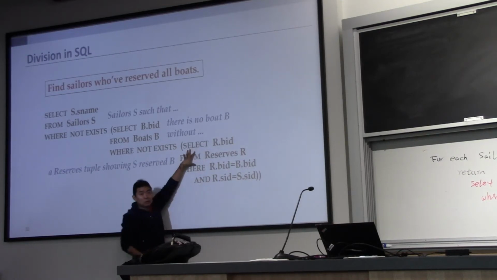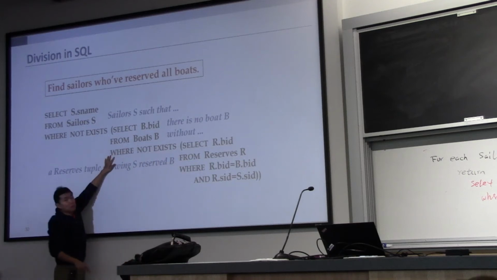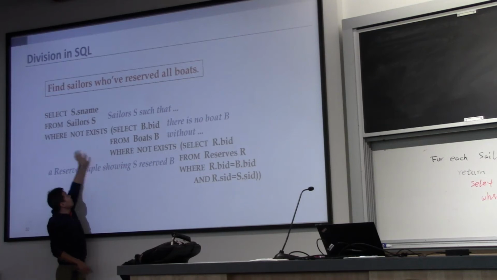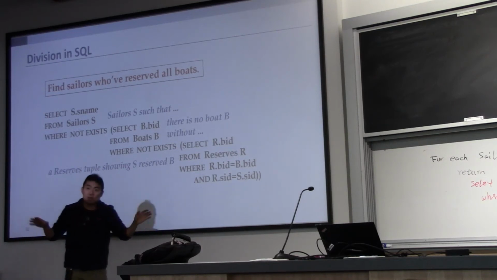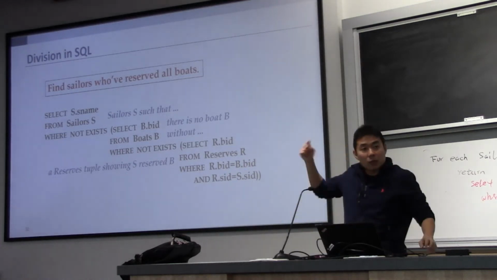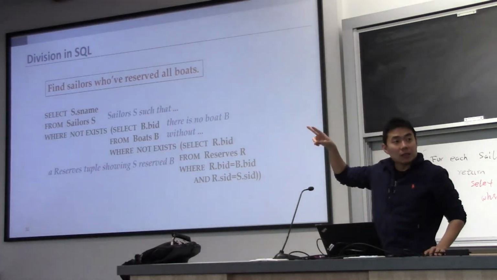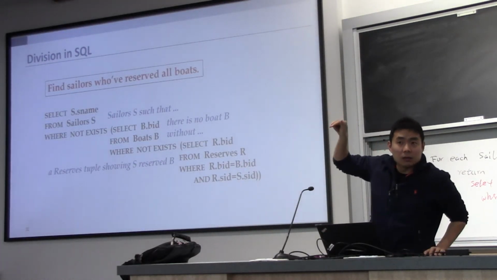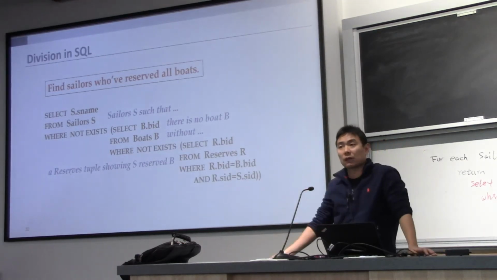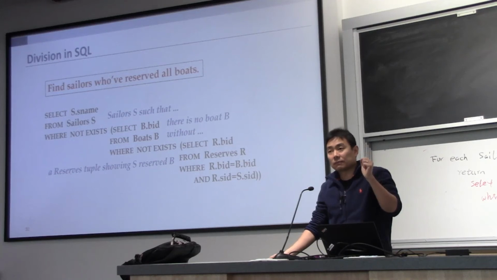If there's no such reservation record, that means this boat must be a boat he or she has not reserved. If anything is returned here, that means you have not reserved all the boats. Otherwise, you must have reserved all the boats. Okay, so that's how we apply this double negation logic on this specific construction of division. And that's how you do division in SQL, using this double negation logic.